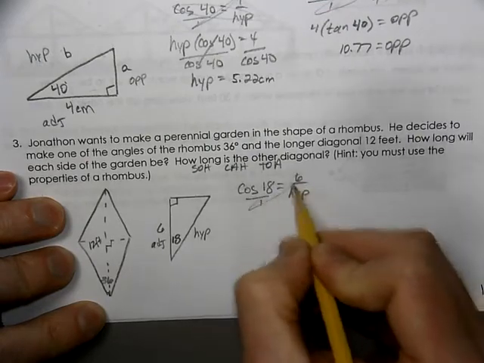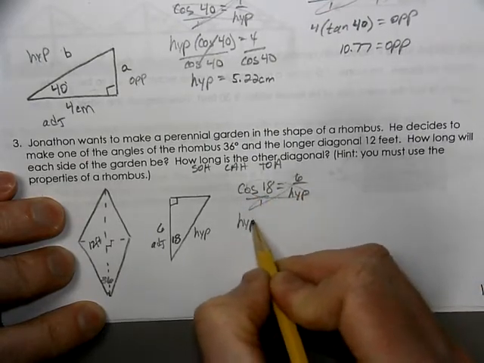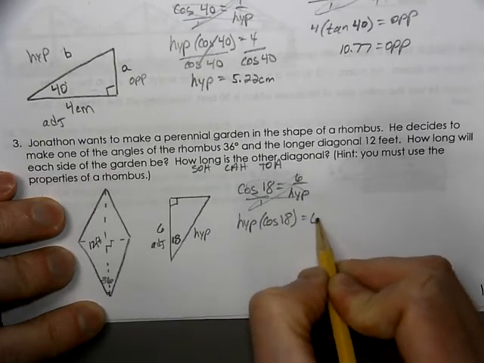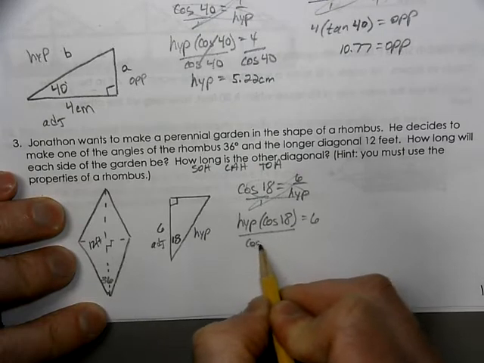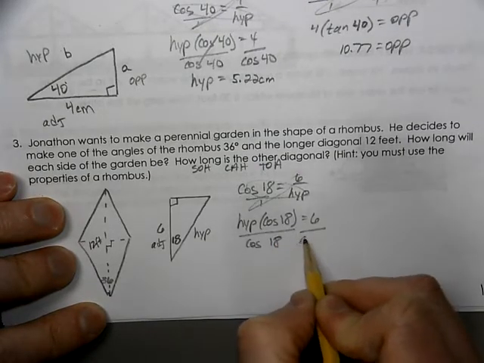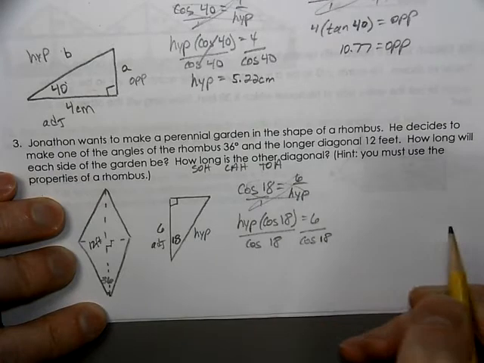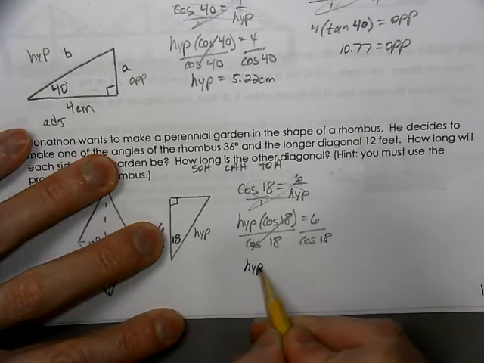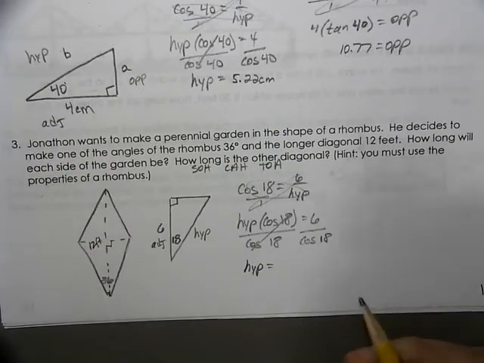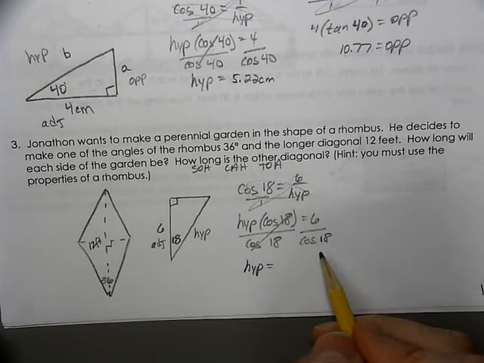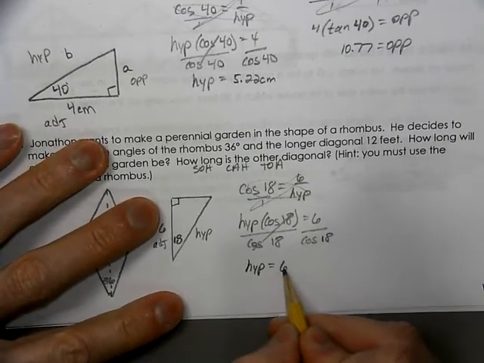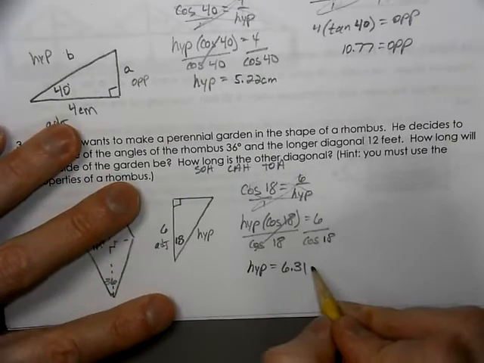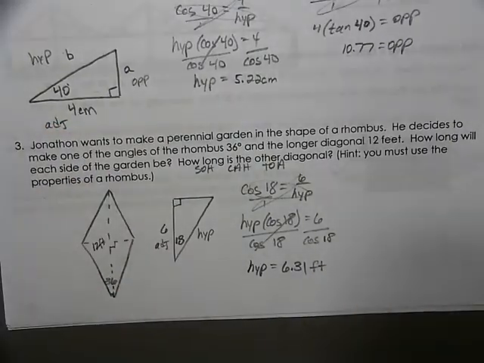So we'll put it over 1 and cross multiply. We'll divide by the cosine of 18. So the hypotenuse is going to be 6 divided by cosine of 18, which comes out to be 6.31. And we know that that's feet.